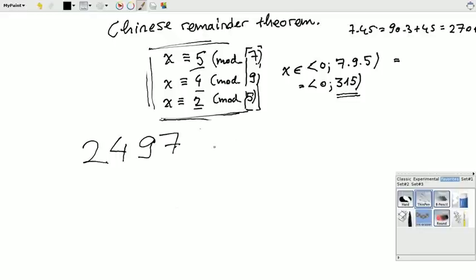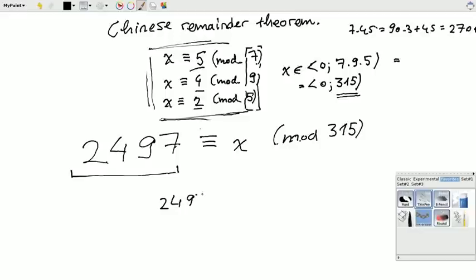And that solution is congruent with 2497 modulo 315. Or also you could say that the solution is 2497 modulo 315.